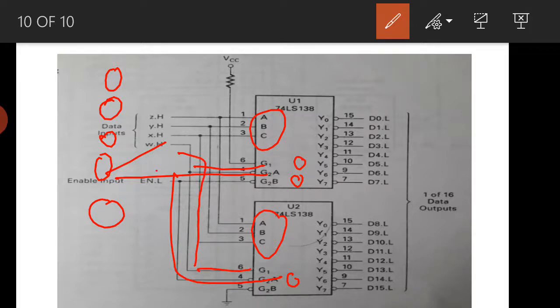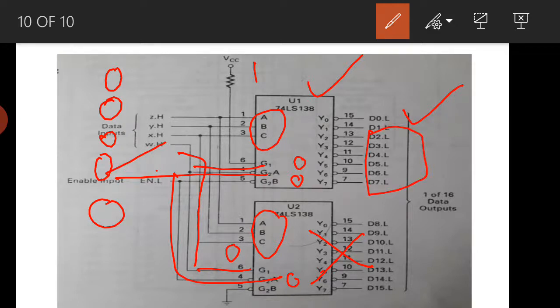If I give 0, here it will be 0 at G1, but it is active high, so because G1 is 0, this will not work. As G1 is 1 here and G2A, G2B are 0 0, the first decoder will be on and Y0 will be selected, all the others will be inactive.